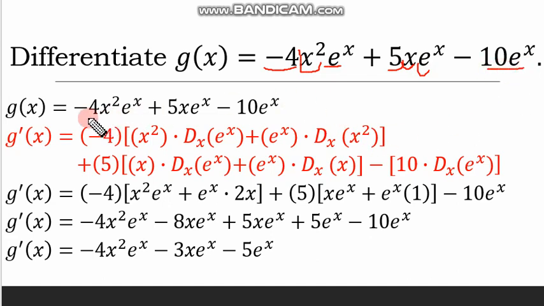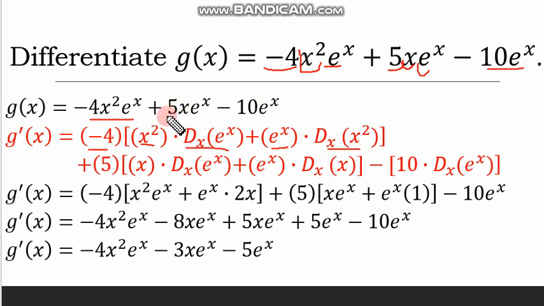Okay, so let's start with the first one, negative 4. It's a constant, so we will just separate that for now, and then for x squared and e raised to x, we will use the product rule. So the x squared, or first function, times the derivative of the second function, plus the second function times the derivative of the first function, x squared.